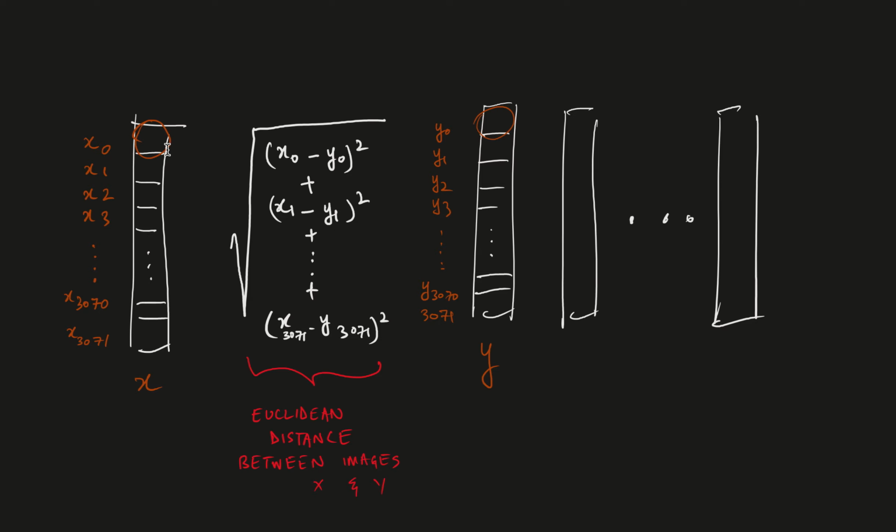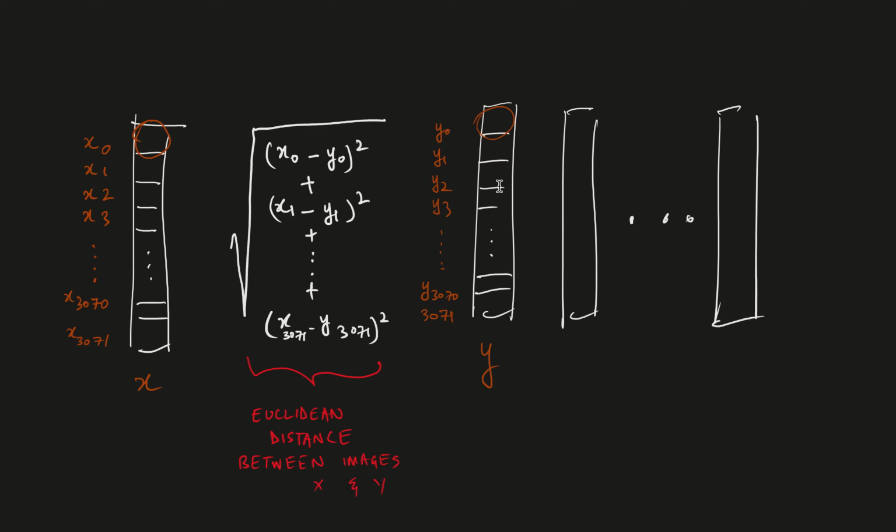So this is what we're going to do. We're going to find the difference between the first pixel, then do it for the second pixel, the third, fourth, and so on, all the way to the last pixel. For each difference, I'm going to square it and sum it, and the resultant sum would be taken under a square root. And that will give us a Euclidean distance.